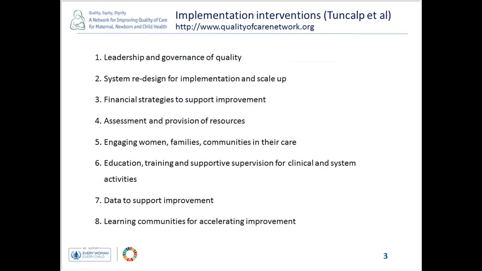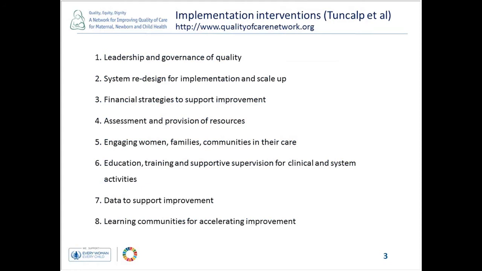And they've come up with 8. Leadership and governance, system redesign, using financial strategies, providing resources, engaging women and their families in care, training and education, using data to support improvement, and forming learning communities. So these are 8 tools that we can use to make sure that patients get the care that they're supposed to.